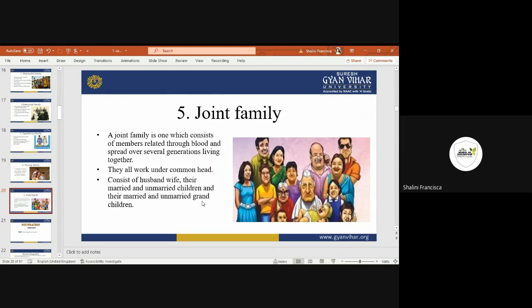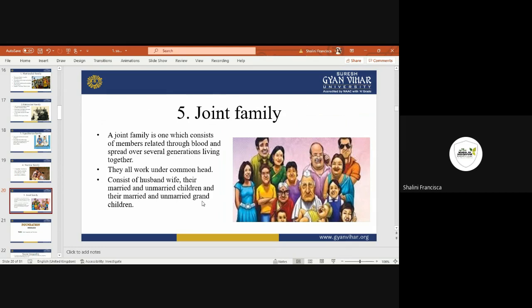They have great-grandmothers, mothers-in-law, all the family members, all the brothers and sisters, and their children, and their wives and their children are also living together.